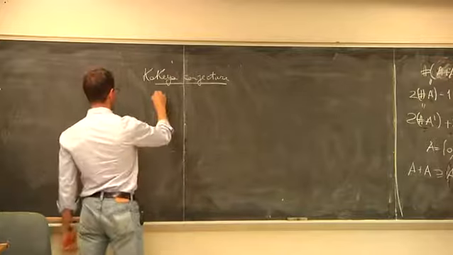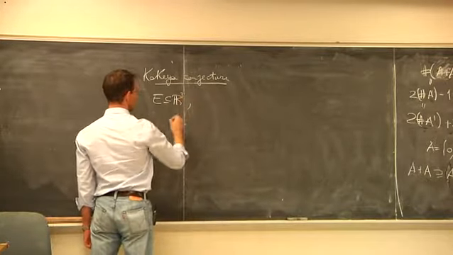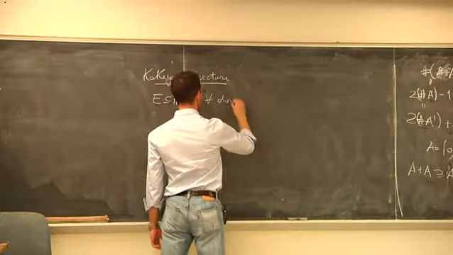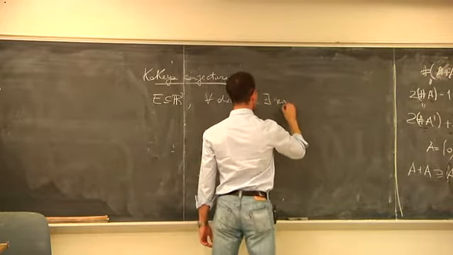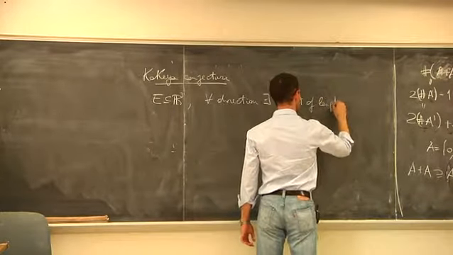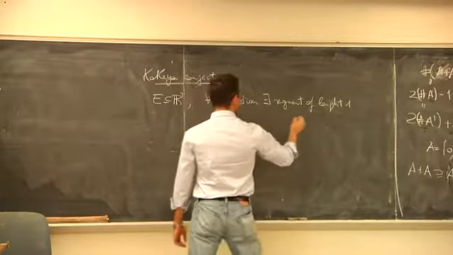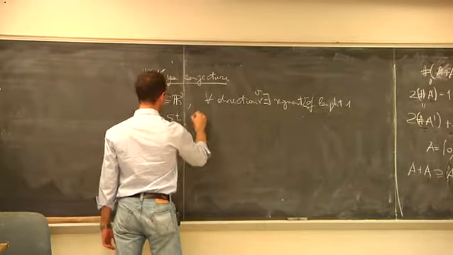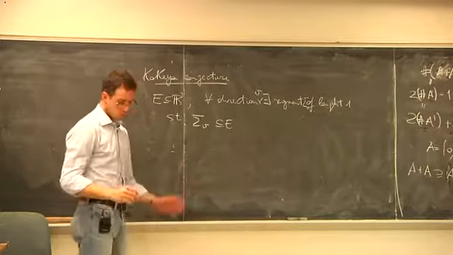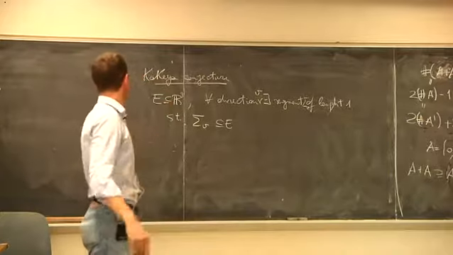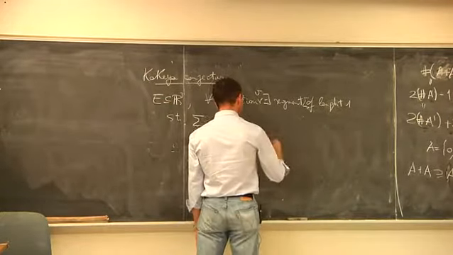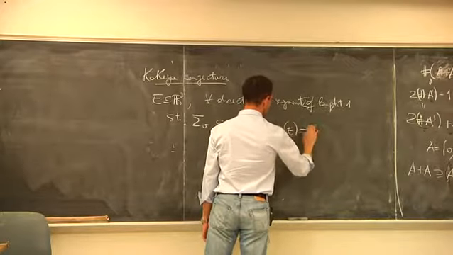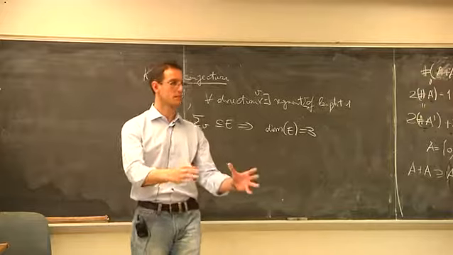If you give me a set E in R3, and you know that for every direction V there exists a segment sigma V of length 1 such that sigma V is contained in E, so you give me a set which has a segment in every possible direction, then what the result says is that, we'll not define what this means exactly, but the dimension of this set is 3. So this has to be a 3-dimensional set in R3. It cannot have a smaller dimension.